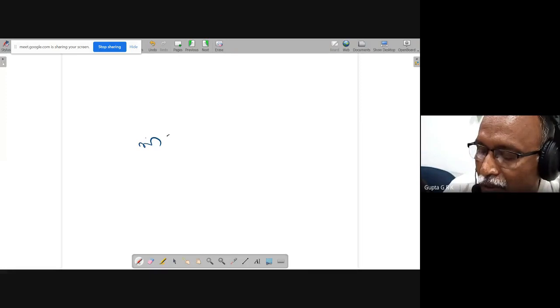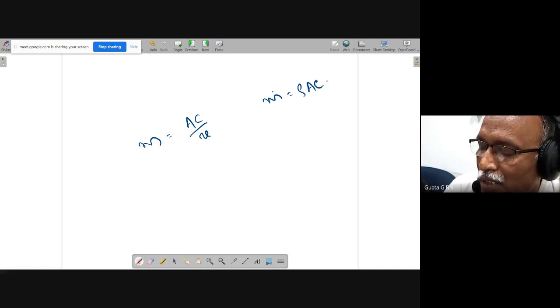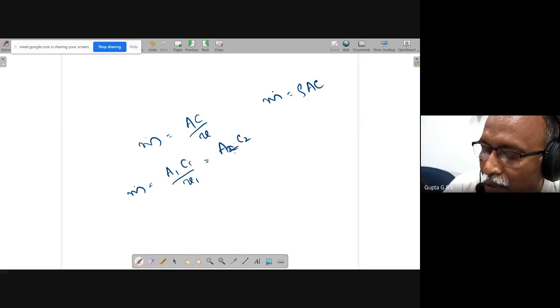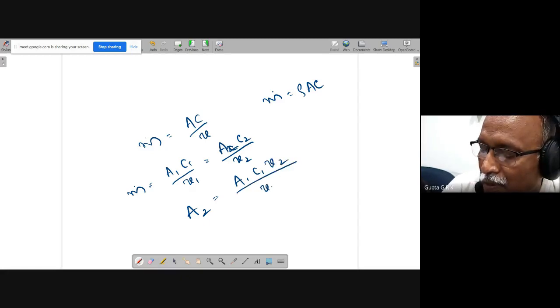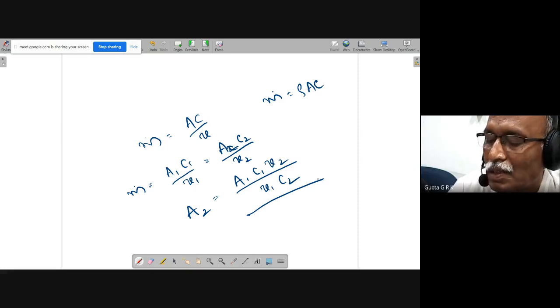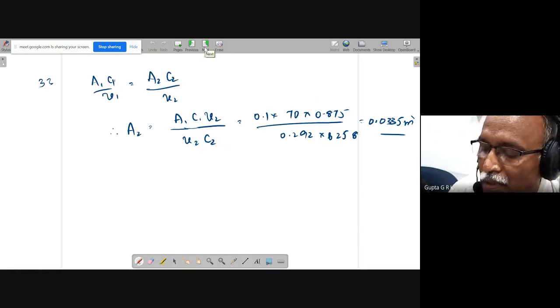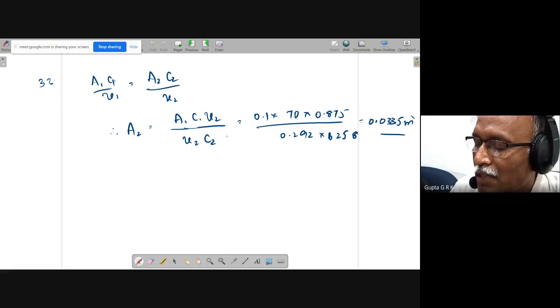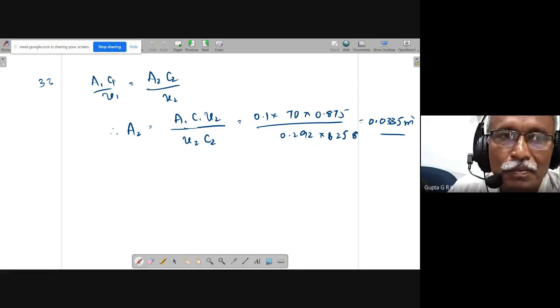So m dot is equal to rho AC, or AC by v. m dot is constant means A1 C1 by V1 is equal to A2 C2 by V2, so A2 is equal to A1 C1 V2 by V1 C2. All the values are given except A2, so I can find A2.